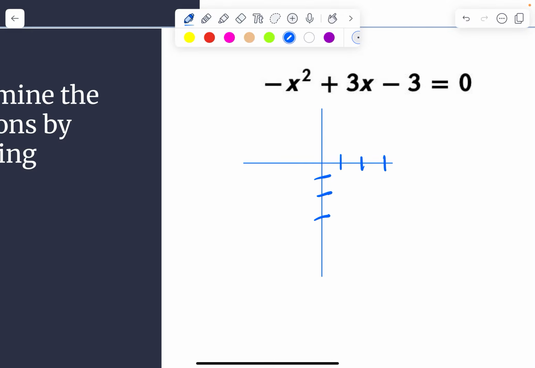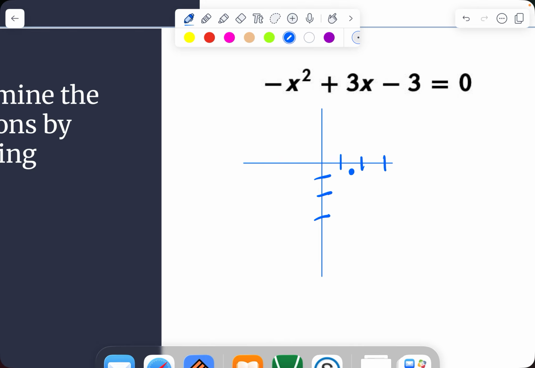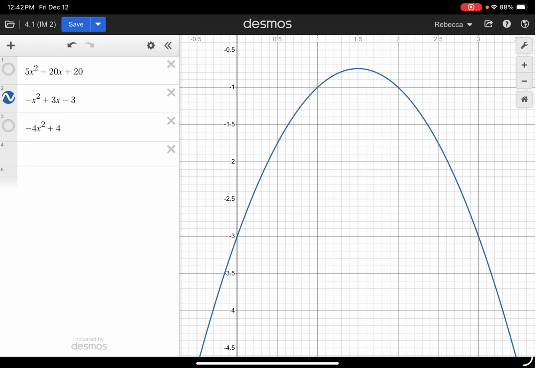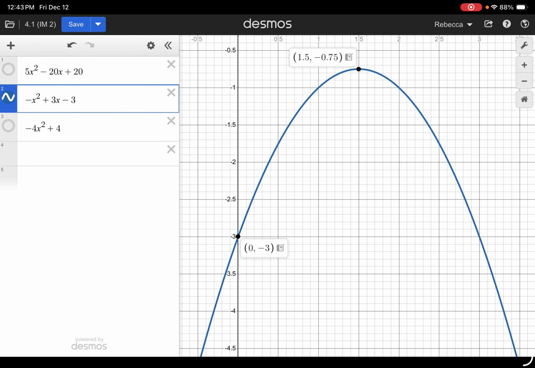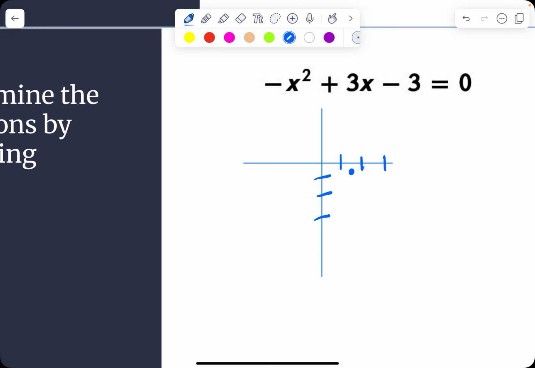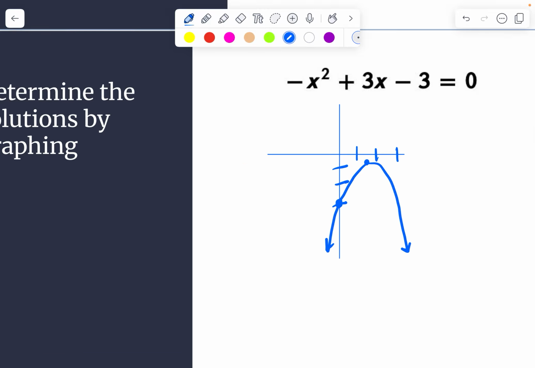The vertex was at (1.5, -0.75). And if I look back at this graph, there's my vertex, and it has a y-intercept at -3. So I'll make sure that's on my graph. It doesn't need to be a perfect graph, just a rough sketch. But again, there are no x-intercepts, which means the answer to this is no solution.